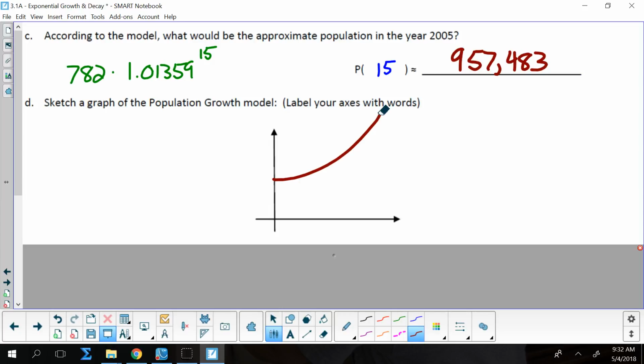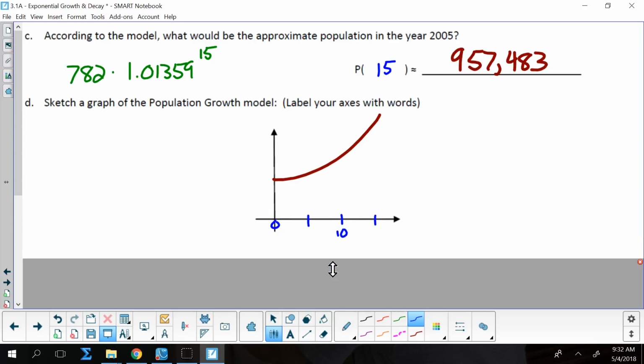Because it says label my axes with words, we'll go with numbers too. So 0 here, and then we can go 5 and 10 and 15 and so on and so forth. Down here would be time, or actually let's just say years after 1990.